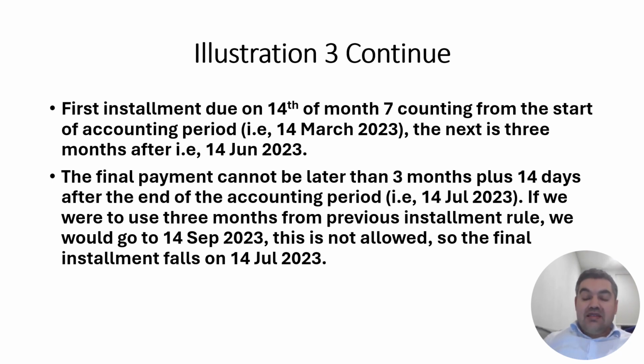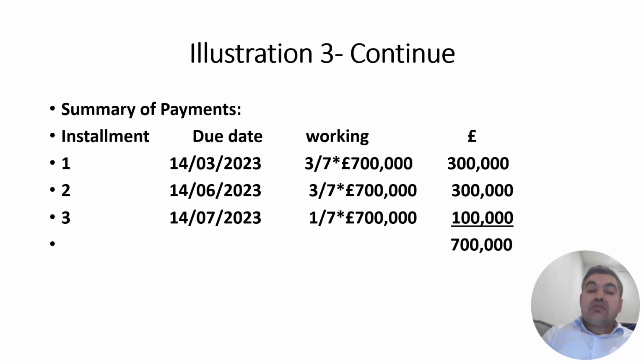So the final payment should be no later than 3 months and 14 days from the end of the accounting period. So it will fall on 14th of July. The final one will be 1 month after the second, because the accounting period is shorter. So that is a summary for the 7 months period.